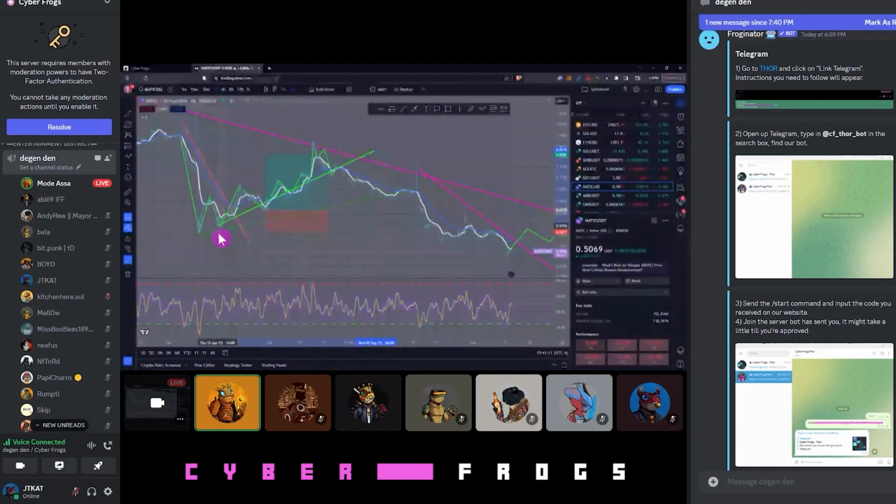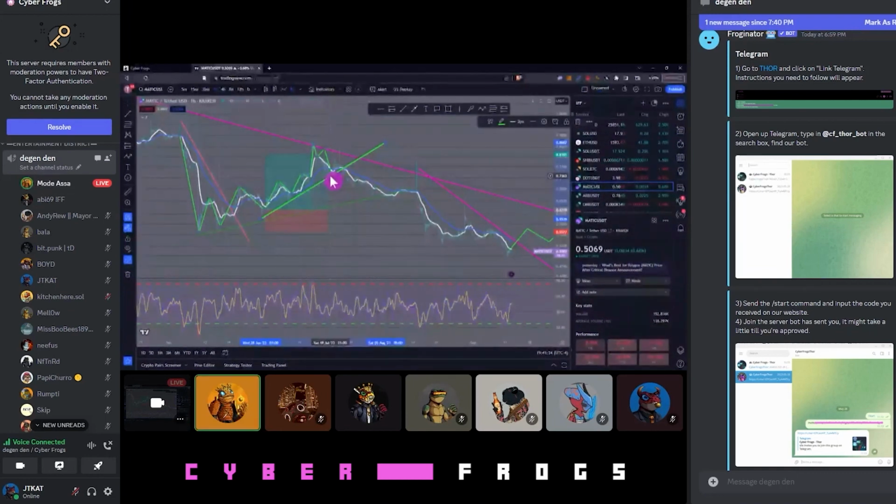But after you get more bullish momentum, I would have connected my lows like this. And then after we got more bullish right there, I would have connected this low and this low. And that would be the trend I'm really respecting.